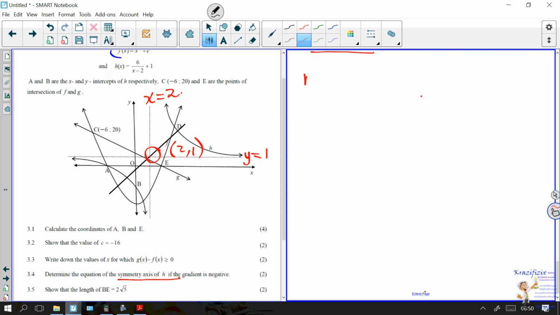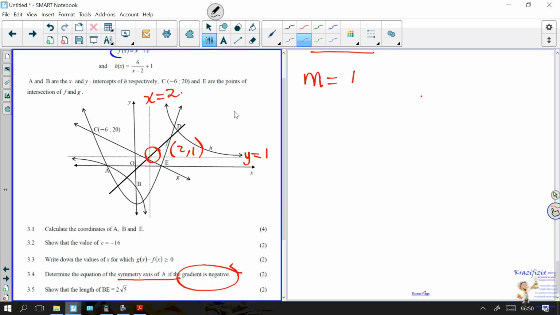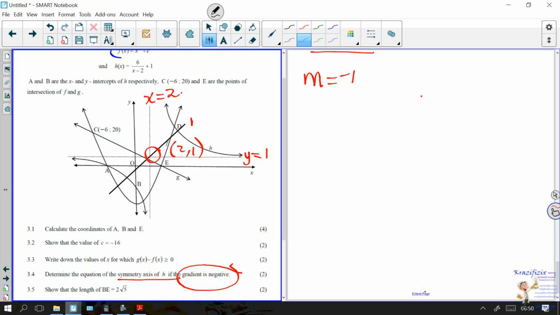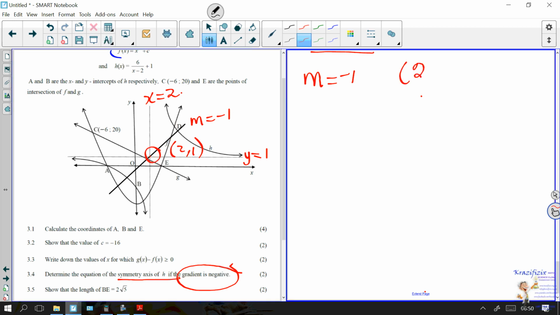All right. My gradient equals a unit. It's a unit gradient, which is 1. But in this case, they said my gradient is negative. So my gradient is negative 1. Now, what is the equation of this line? Analytical geometry. I need a gradient and I need a point. What's my point? 2 and 1. Y minus y1 equals m times x minus x1.